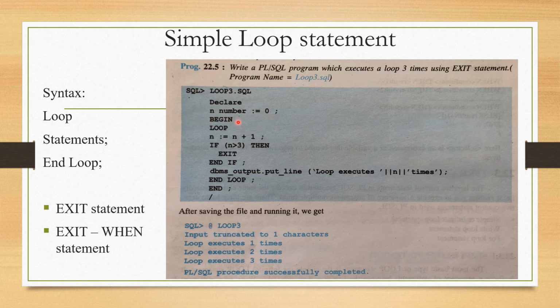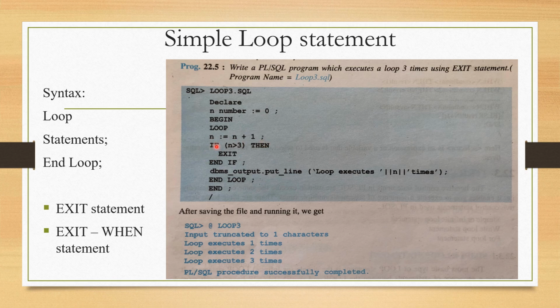Then in begin we are using the concept of simple loop, so we write the loop keyword and then we increment the value of n, and then we use the exit statement with the if keyword, right? That means this kind of loop will be executed at least once, right?